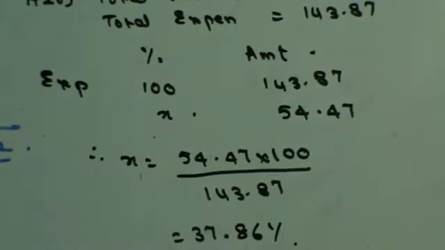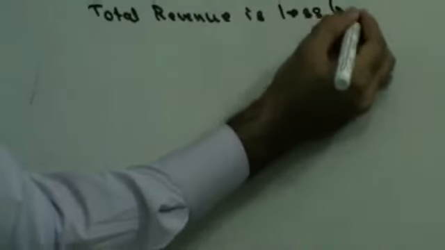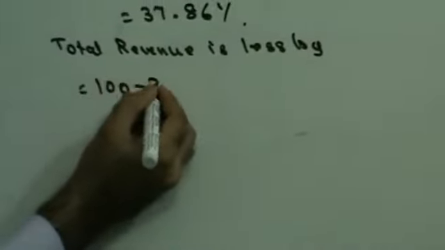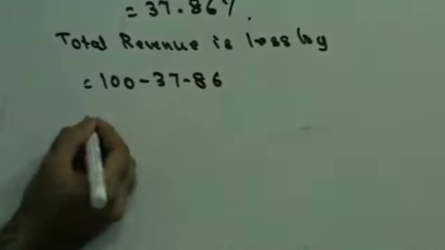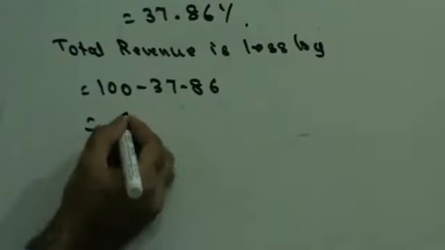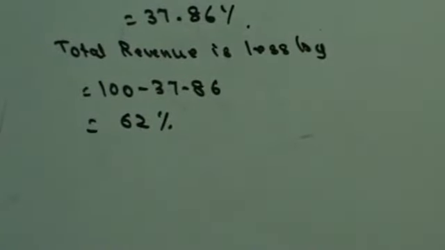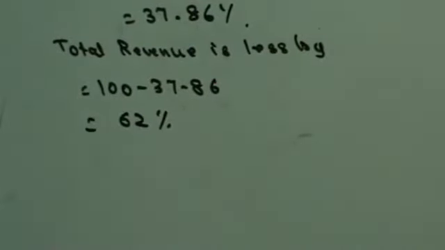So my total revenue is 37.86% of expenditure. So how much is it less by? Total revenue is less by 100 minus 37.86%, which would work out to approximately 62%.